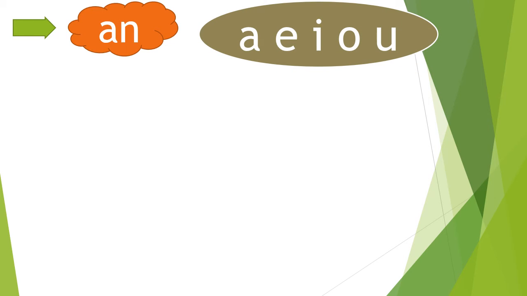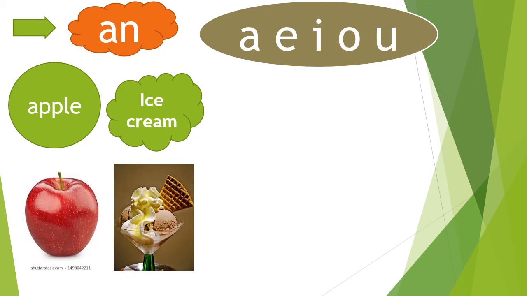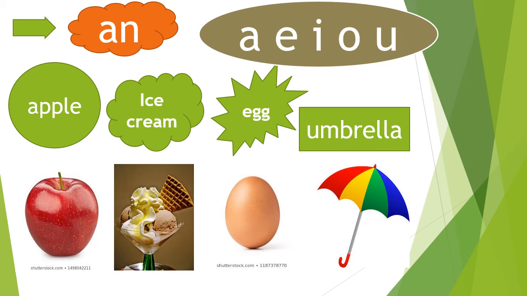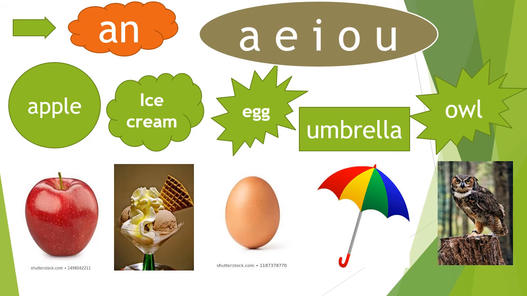Same is the case with an we have read. An comes with the vowels a, e, i, o, u, an apple, an ice cream, an egg, an umbrella, an owl.